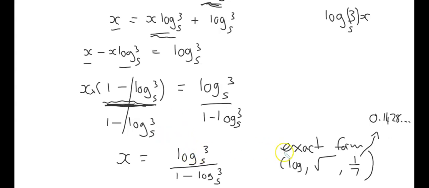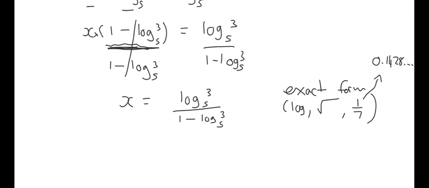So if you ever saw a question with logs in it and they wanted the exact form, you know that you must have logs in the answer. If they don't specify exact form, so they either don't mention it or they say, for example, give your answer to 2 decimal places, then you know that it's not going to be exact form, in which case you're going to evaluate the logs in the answer.